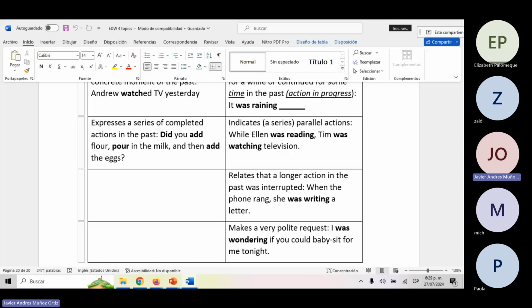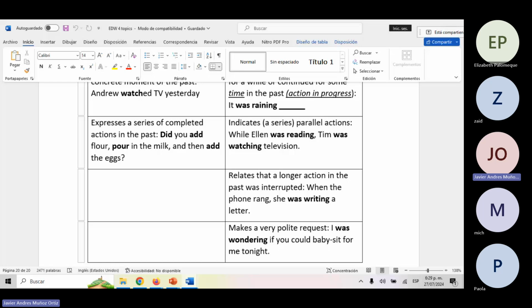The difference is that these activities don't have a sequence, but instead they are happening in parallel. So at the same time, something happened in the past, and something else was happening. So there are 2, 3, 4, 5, 6 activities happening at the same time in the same context, in the same situation. So this is the difference.